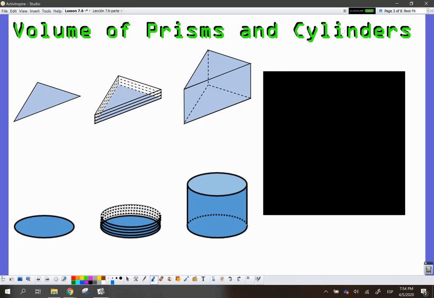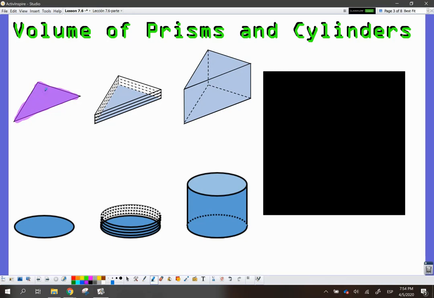What I want you to think about when we find the volume of a prism or a cylinder is this: imagine that you have the base of your prism or your cylinder. In this case, I have a triangle as my base, so I know I'm going to end up with a triangular prism. Now, to build this prism, we know that this triangle doesn't have any volume at all.